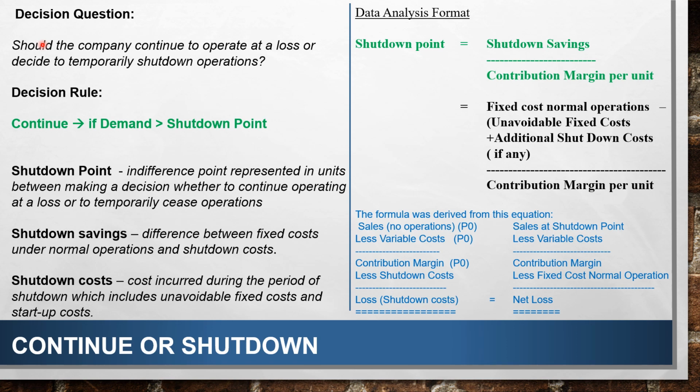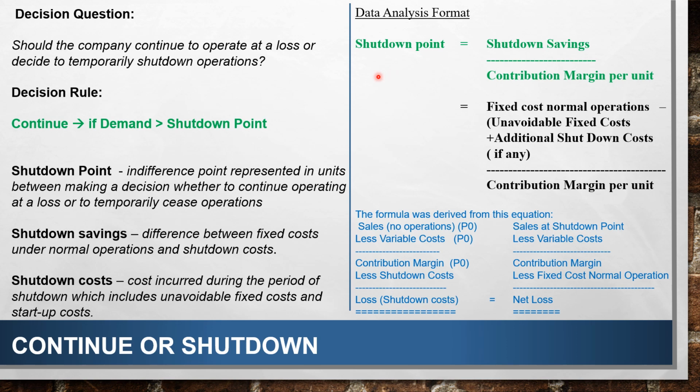So what will now be our decision rule? Our decision rule is we continue if our demand exceeds the shutdown point. So again, if the demand for our products exceeds the shutdown point, which is actually the indifference point, then we will continue.